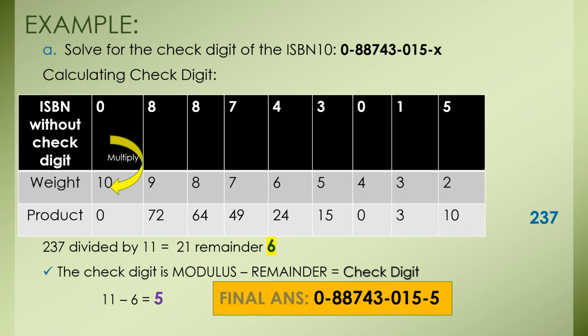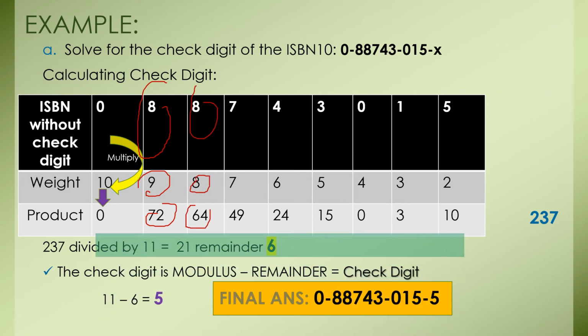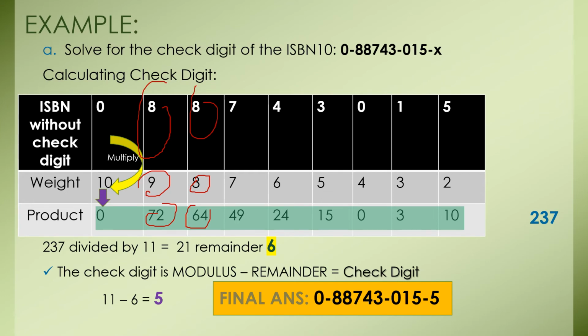So 0 times 10, we get the product of 0, and 8 times 9 is 72, 8 times 8 is 64, and so on. After that, we add all these products, and adding all that will equal 237.